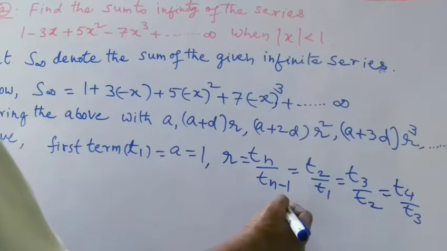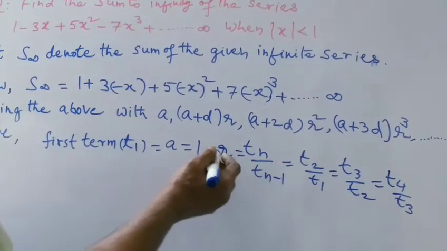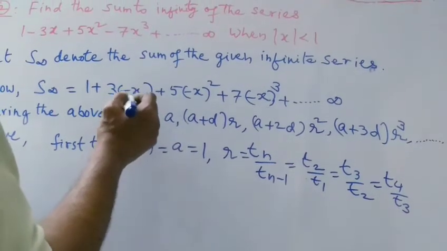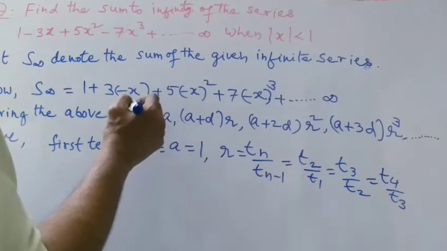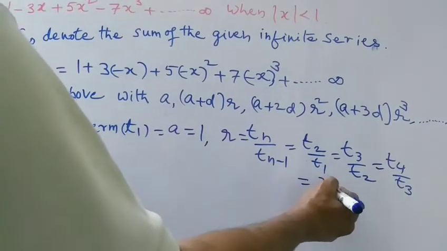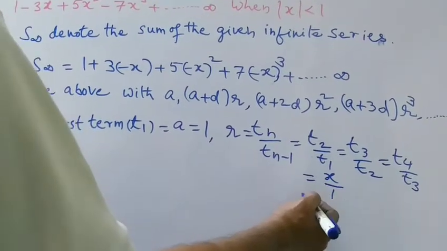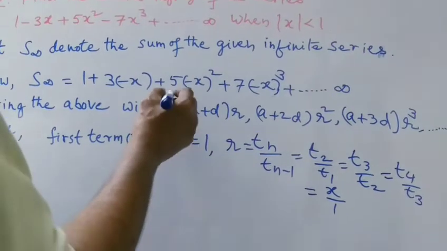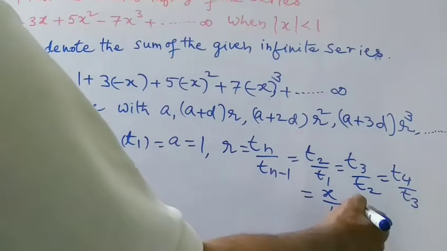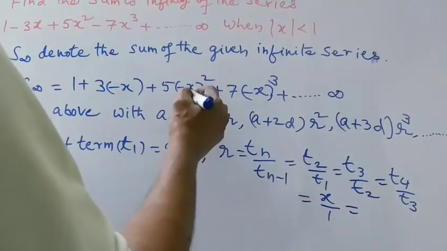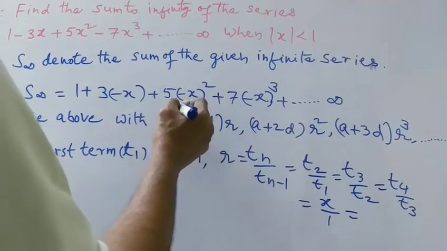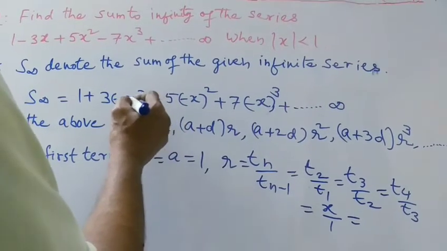So here the second term is this one, minus x, by the first term 1, and the third term is this one, minus x square, by the second term minus x.